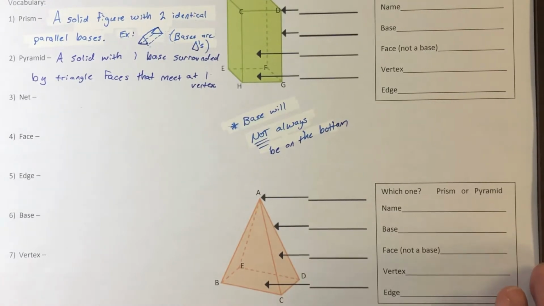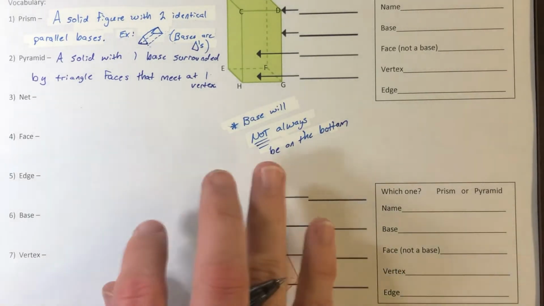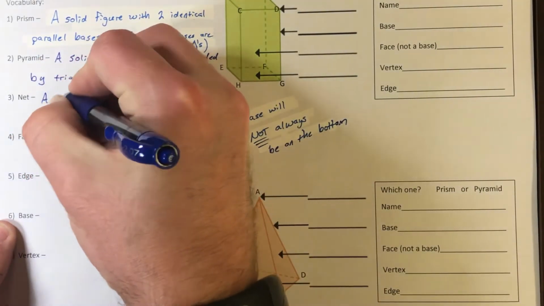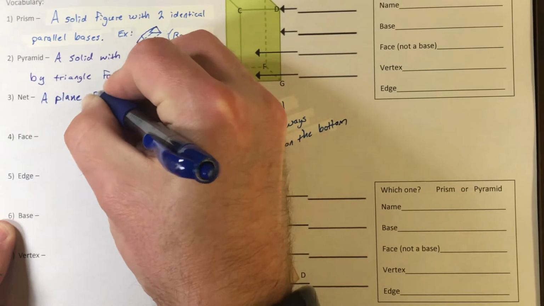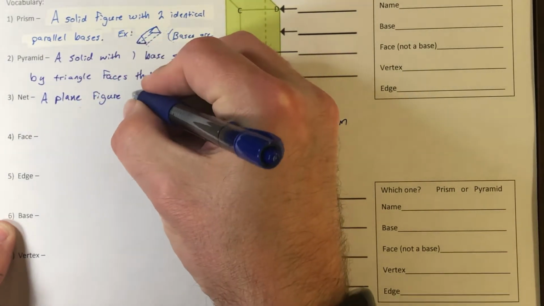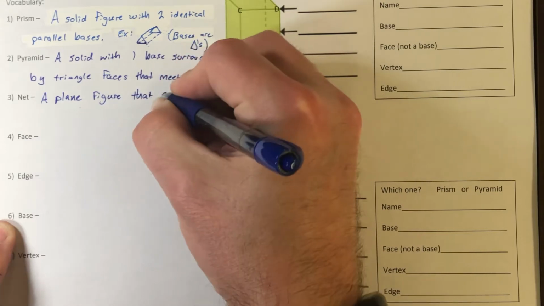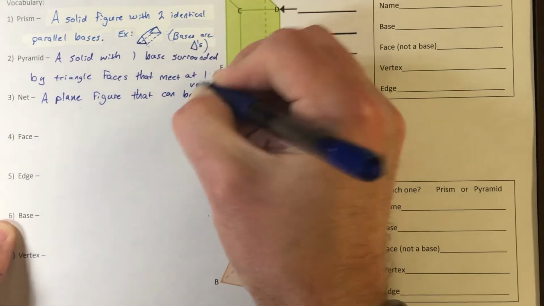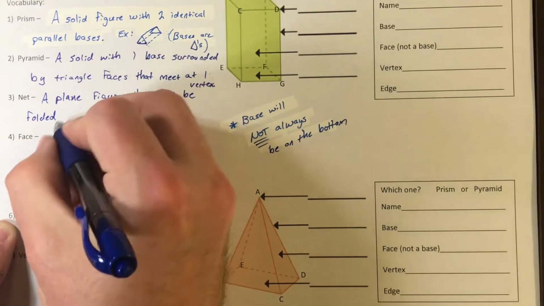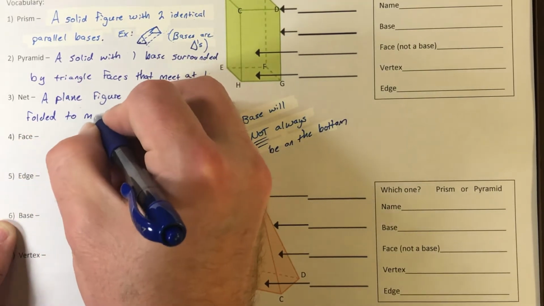All right, next, a net. A net happens to be the things that I keep showing you under the camera. It is a plane figure that can be folded to make a solid.